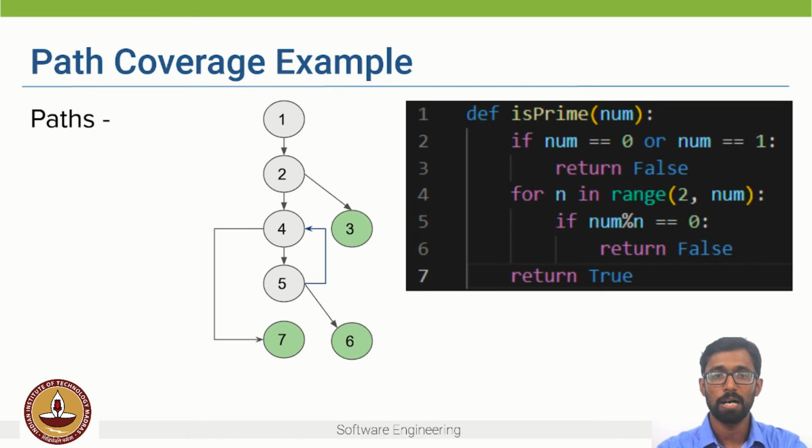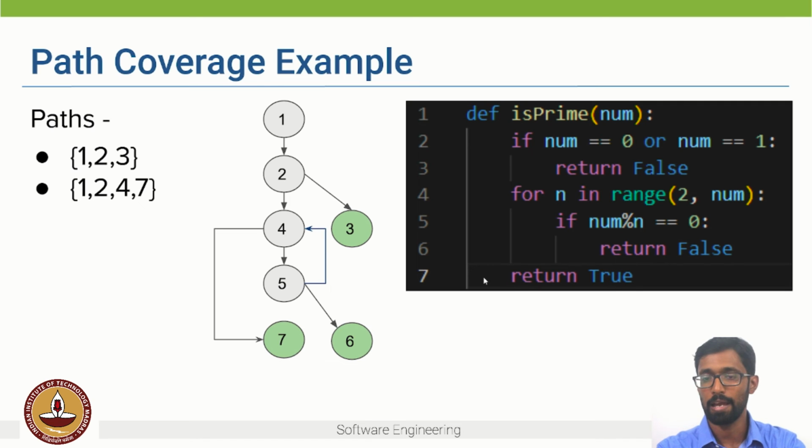So what are the paths? The first path is 1, 2, 3. Another path is 1, 2, 4, and 7, where we go to 4, the initial condition itself is false, and we jump to line number 7. Another path is 1, 2, 4, 5, and 6.